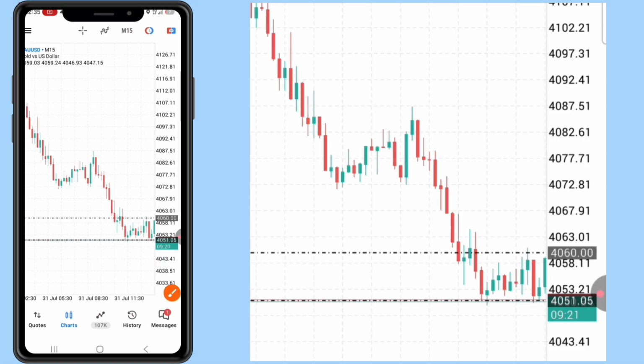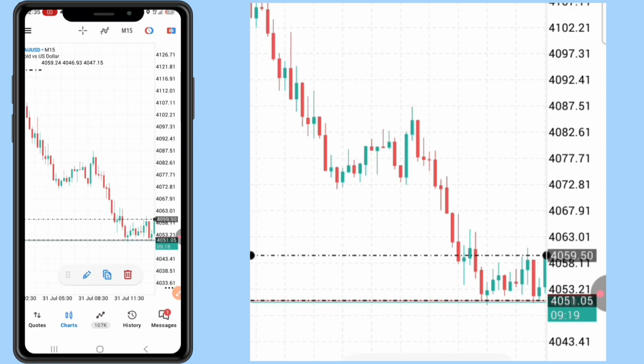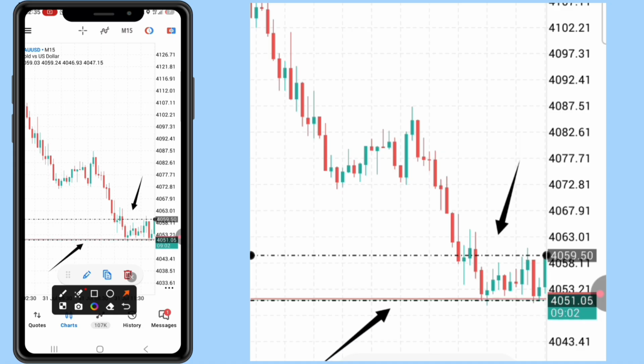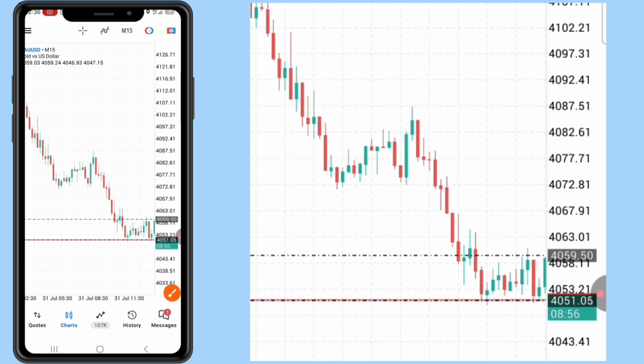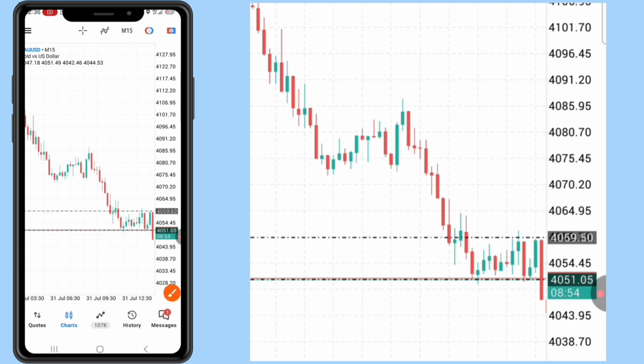So where I have tapped is actually the resistance zone within the market price. I don't know if you're getting me, I mean within that area where the market is. So this is a support, and this is resistance. Now that we have identified support and resistance, we are going to enter the market.